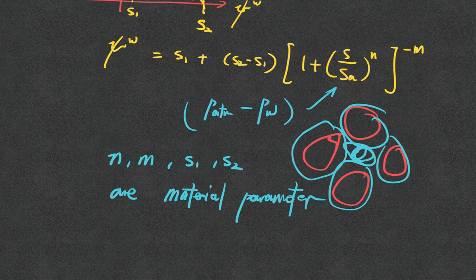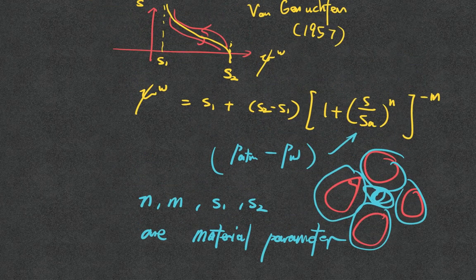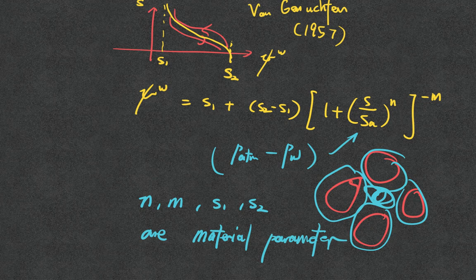This is actually more complicated, but make sure that if you want to model something else, then you need a different retention curve, and you need to experiment to model it. In principle, the retention curve also depends on temperature. The retention curve is not fixed.